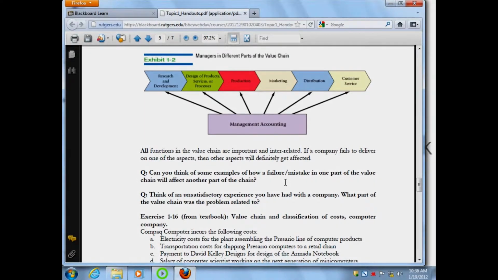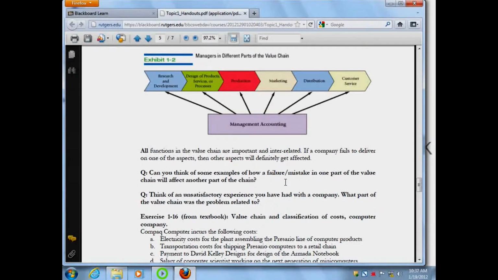Every part of the chain really needs to function, and it's difficult to pick out one part of the chain as being more important than the other. But in general, the ones that are upstream, higher up, tend to be more fundamental, in that if something goes wrong in the design stage, for example, then you have issues at all the other parts of the chain. So that's one thing that you want to keep in mind.